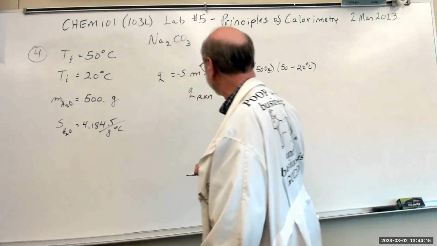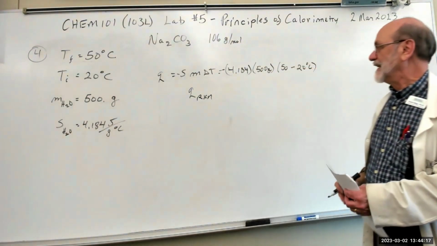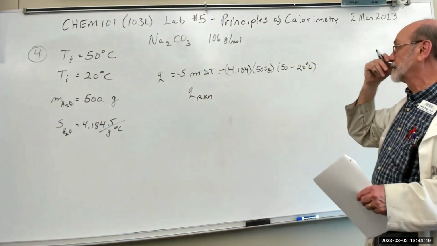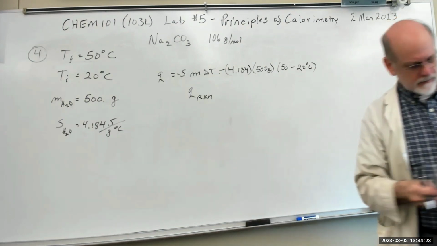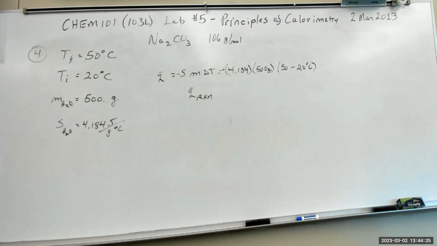Okay. Now, oh, we're also given, no, we're not given. You have to look it up. The heat of solution for sodium carbonate is in that table in the back, minus 23.3 kilojoules per mole.